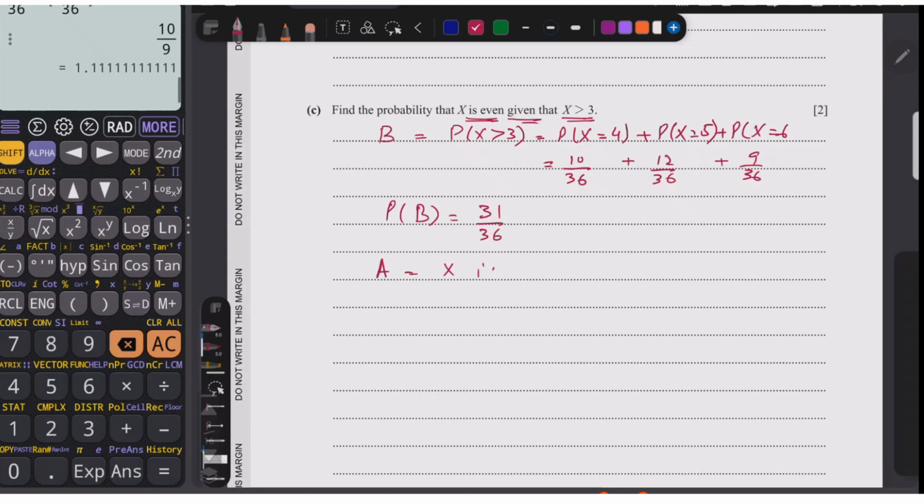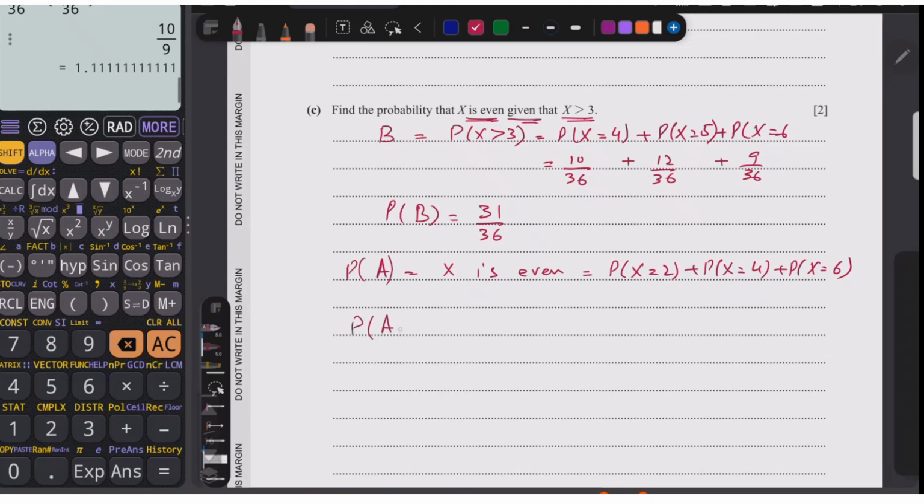A is a set where we need to take the totals which are even. And even numbers are x equal to 2, plus x equal to 4, plus x equal to 6. Basically, we need to find the probability according to the formula.